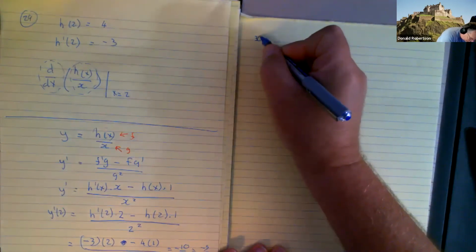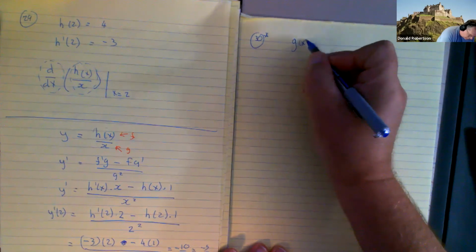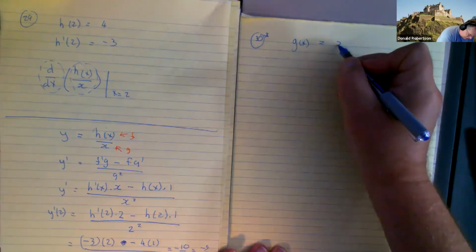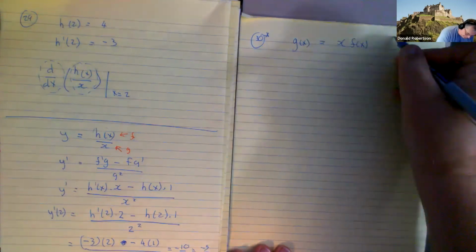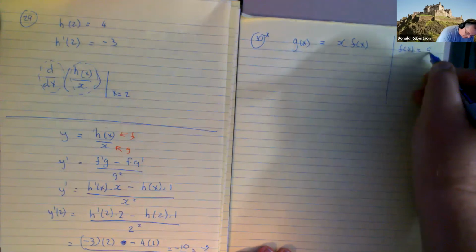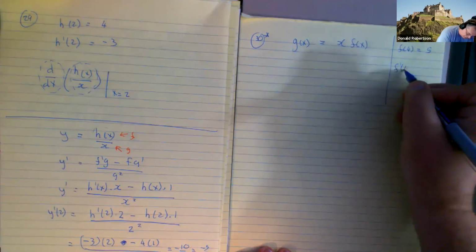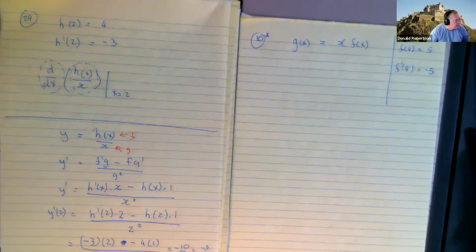A version of question 30 says that my function g of x is x times f of x. And they tell me that the value of the function f of 4 is 5, and that f dashed of 4 is -5. And then it throws this one.